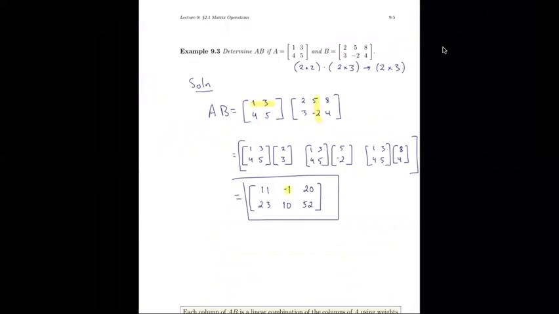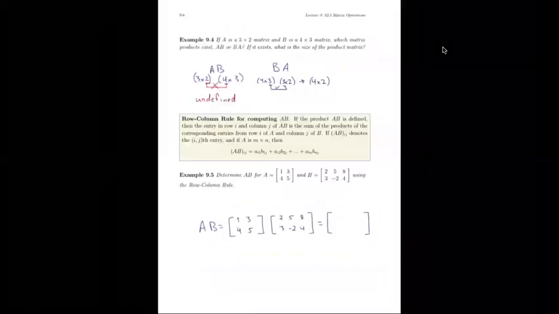So I think this pretty well sets us up for how these products are carried out. We can see that happening here. We're going to end up with the same result. We have 1 times 2 plus 3 times 3, we get an 11. We can carry on.